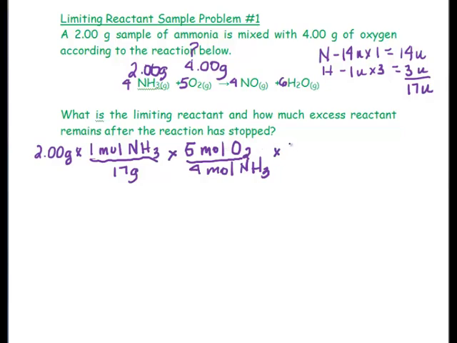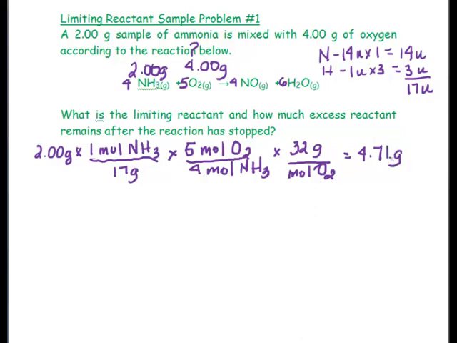Oxygen, well, one oxygen atom is 16 AMUs, but remember, oxygen's diatomic, so it's 32 grams in a mole of oxygen. And I do a little bit of calculator work and I find out 4.71 grams.